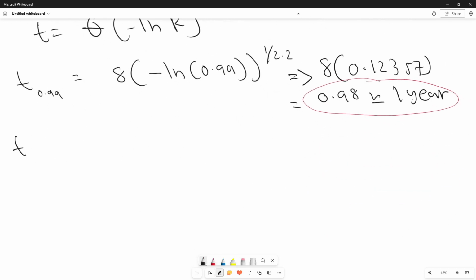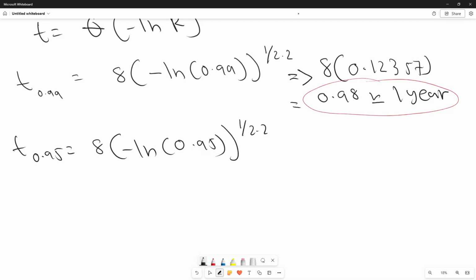For t time to 95, same thing, just this is now 0.95. So get negative ln 0.95 raised to the power 1 over 2.2. This is 0.25922 times 8, which is 2.07 years.